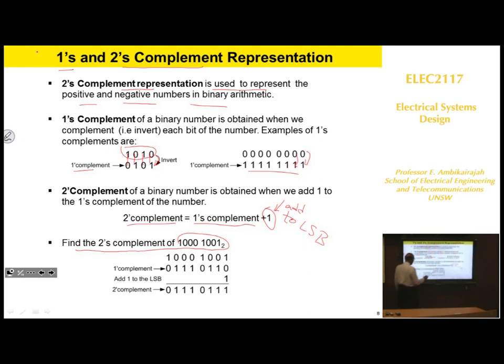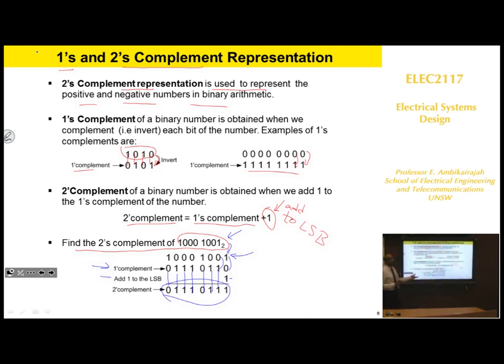So we write the number, and take the 1's complement. Every bit is inverted. Then add 1 to the least significant bit, and you do the addition now. So this is the 2's complement representation of this number.